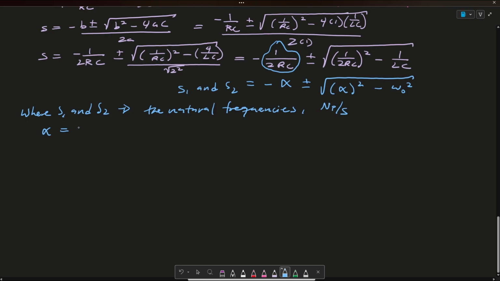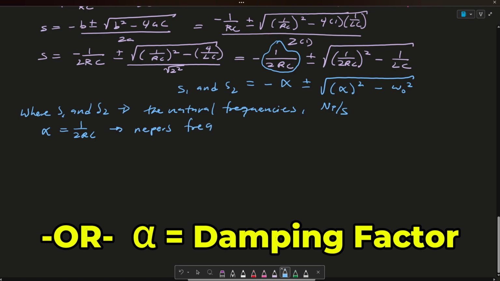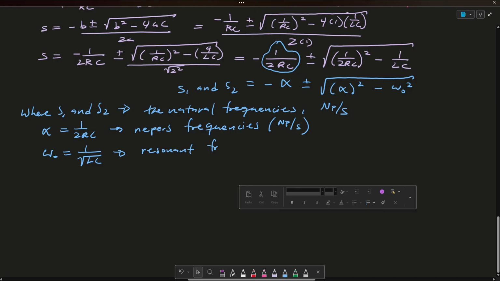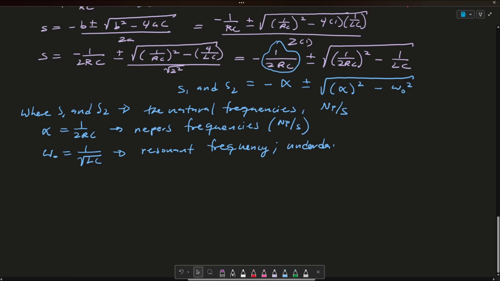Alpha, again, which is equated to 1 over 2rc, is what's called the neper frequency, and again, it's in nepers per second. And lastly, omega naught, which is equated to 1 over the square root of LC, is this resonant frequency, or sometimes called the undamped natural frequency. And it's in radians per second.